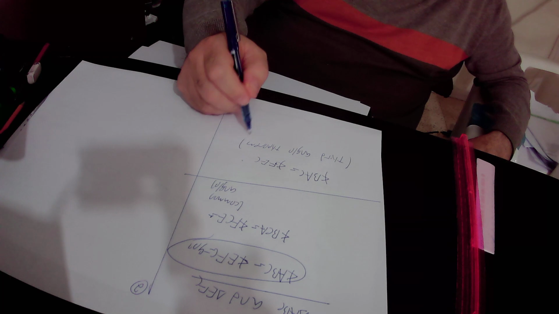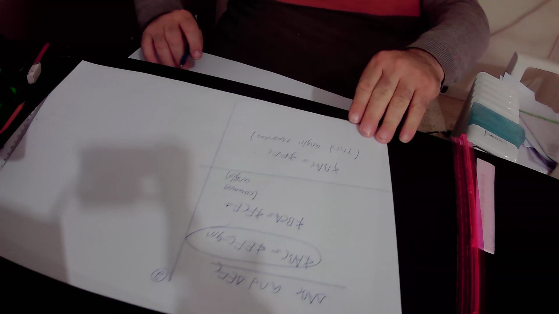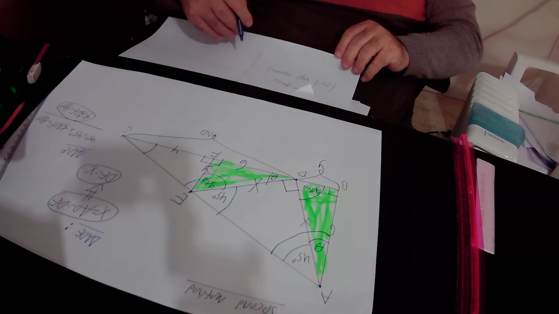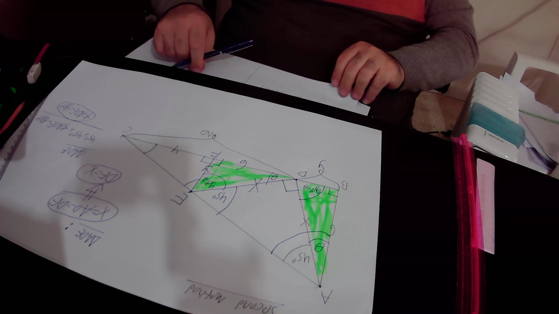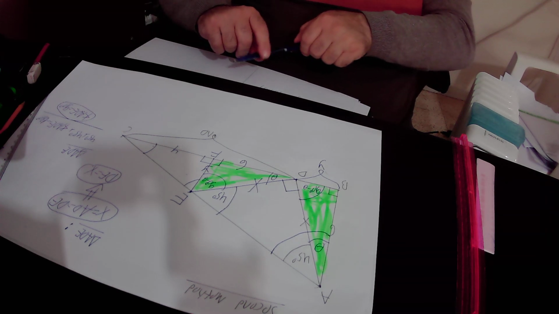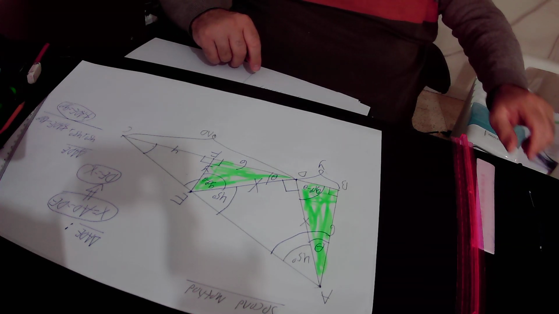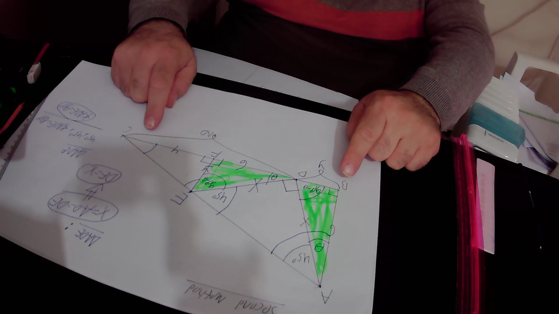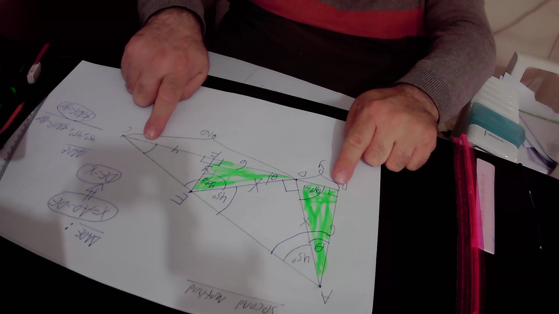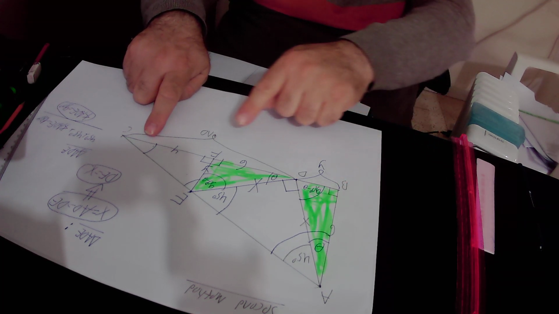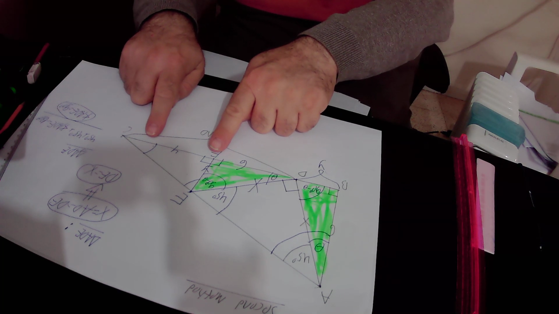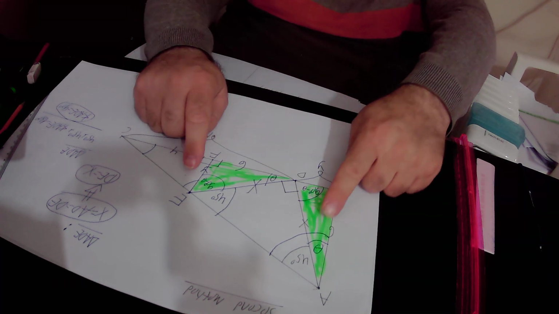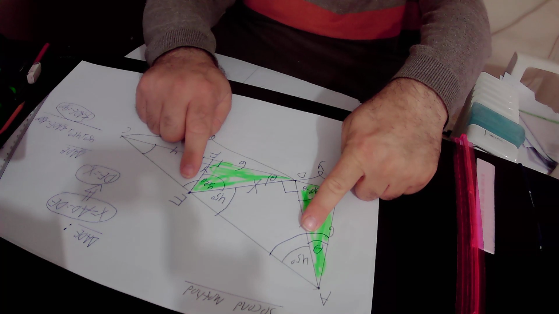So what is the third angle theorem? The third angle theorem is that if you prove that two angles in one triangle are congruent to two angles in another triangle, then the third pair of angles must also be congruent. And we proved that those two angles in triangle ABC, the right big triangle, are congruent to those two angles in triangle EFC, therefore the third pair of angles must also be congruent.